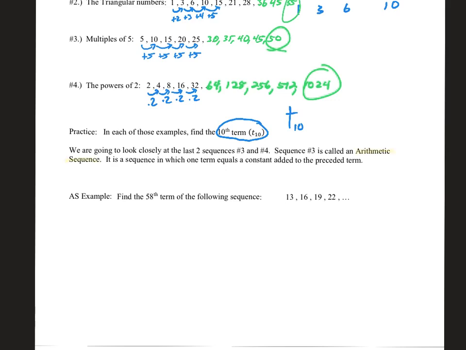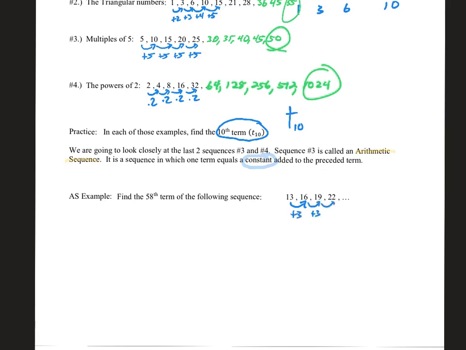It's a sequence in which one term equals a constant added to the preceding term. There's that word constant that I was mentioning earlier, and in this case, for the arithmetic sequence down here, the constant that we would be adding each time would be 3.